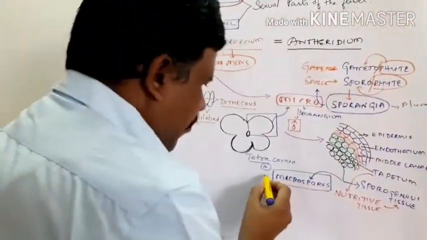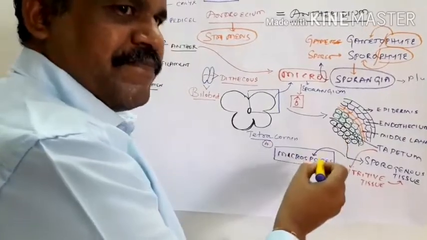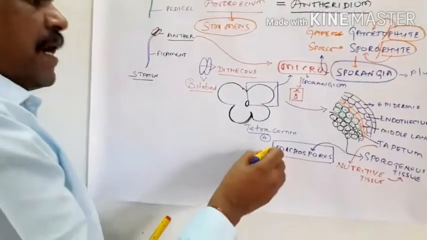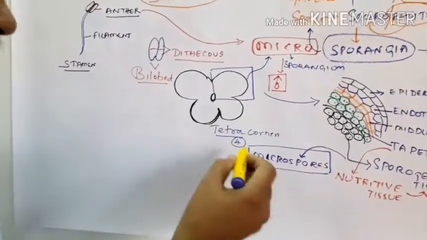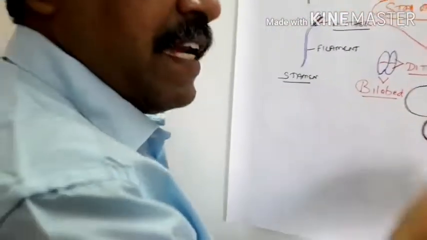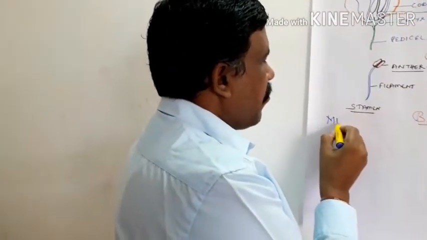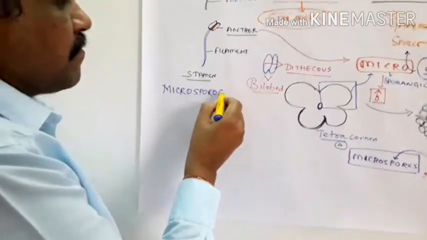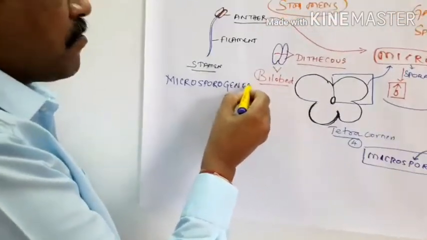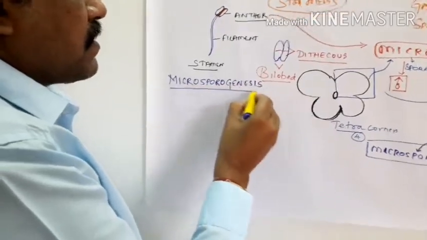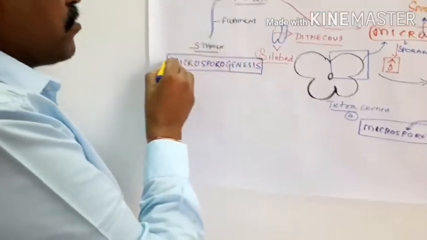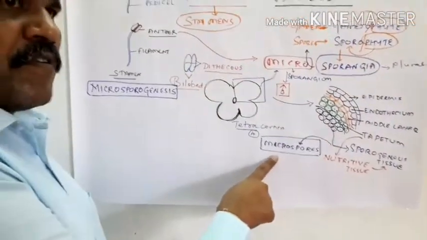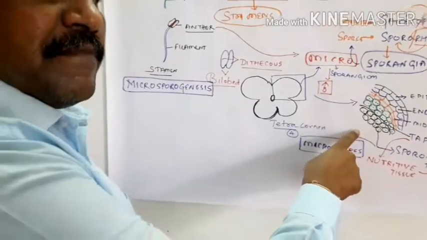How this microspore formation occurs is today's discussion, nothing but microsporogenesis. Is it clear, children? Microsporogenesis is the formation of these microspores inside the sporangium.